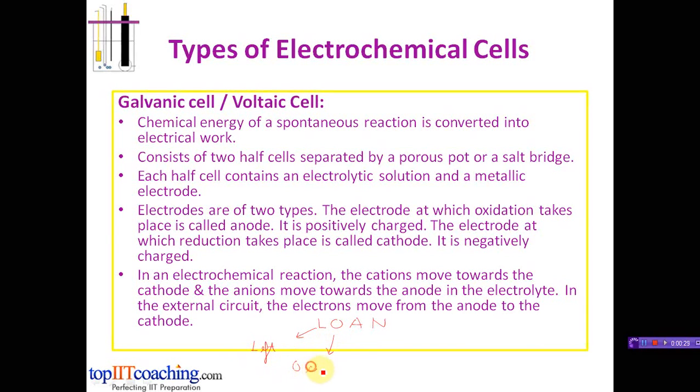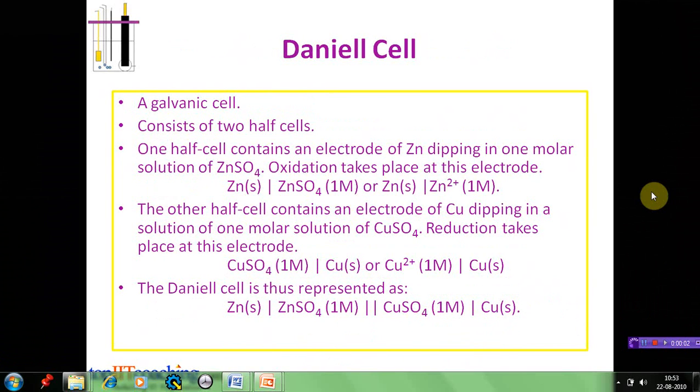L stands for left, O stands for oxidation, A stands for anode, and N stands for negative, LOAN. So that makes left electrode is the one at which oxidation takes place. It is known as anode and is negatively charged. But please remember that this acronym or this trick works only for the galvanic cell and not for other types of cells.